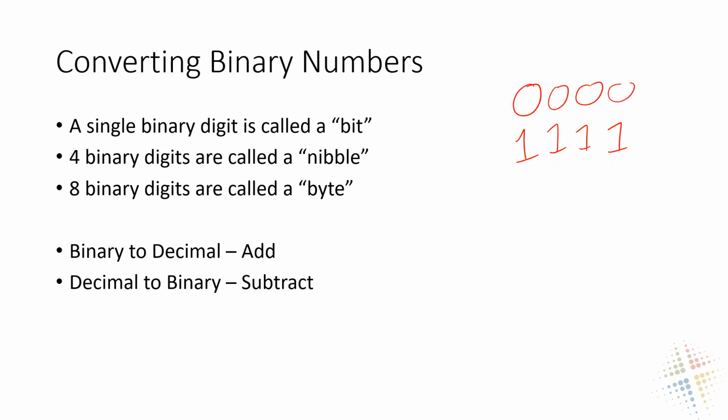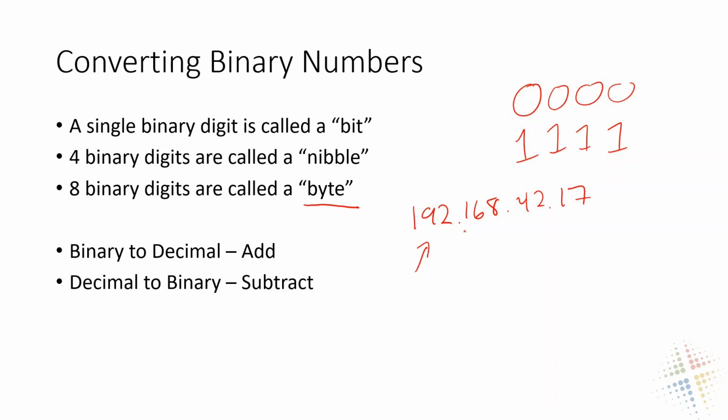So now that we have our terminology, a bit, a nibble, and a byte, these are helpful because we normally, in computer world, work with what's called a byte, or 8 binary digits, specifically when we're talking about IP networking. Our IP addresses, for instance, 192.168.42.17, is in fact composed of 4 bytes.